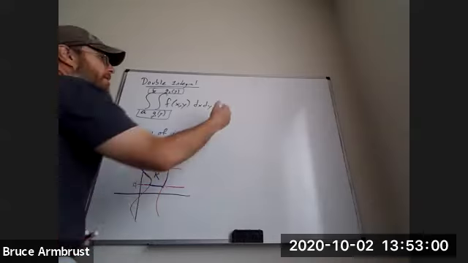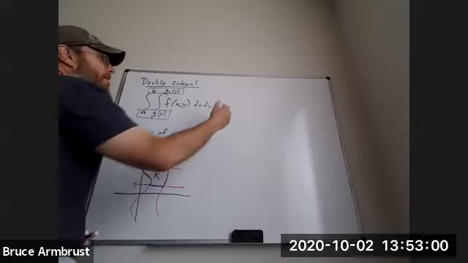So notice the difference. This first one, the functions, the varying sides, are on left and right. For the second one, the functions, the varying sides, are on top and bottom.